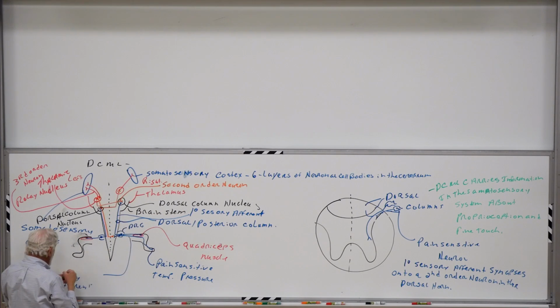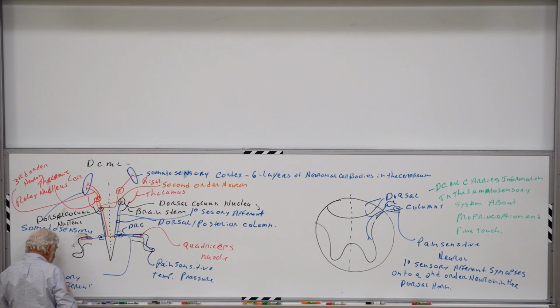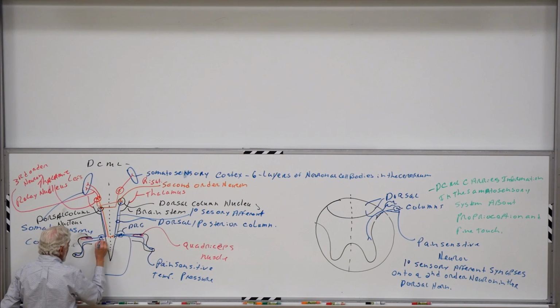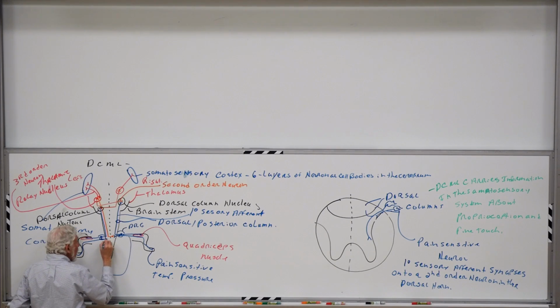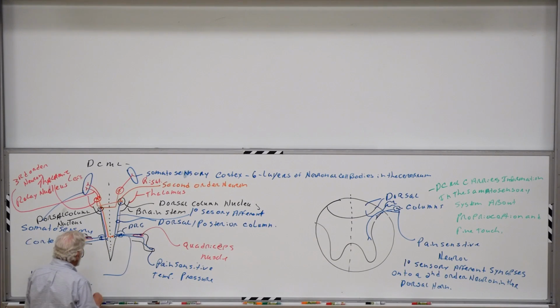And we can also do the same thing with the pain-sensitive neuron down here in the toe. So again, we have the primary sensory afferent. It has a process that comes in to the dorsal root ganglion. The process then comes into the dorsal horn, and immediately in the dorsal horn synapses onto the second order neuron.